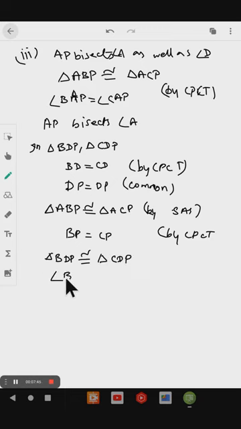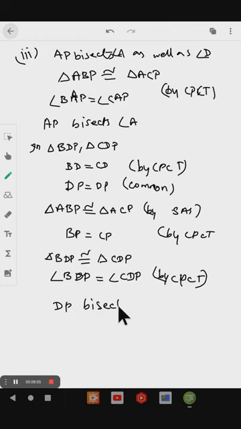Hence by CPCT, angle BDP equals angle CDP. So AP bisects angle D. We proved AP bisects angle A and AP bisects angle D. Hence proved.